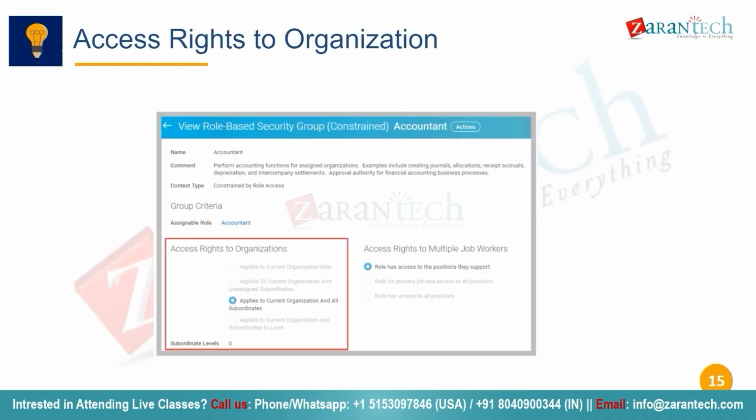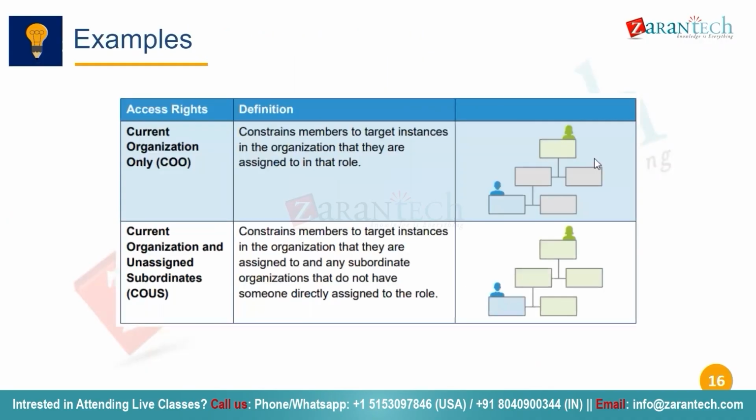Even the access right to multiple job workers, and the positions this role has access to they support, have different meanings. Whenever we have a specific kind of requirement, we select one of these 4 options. So let's talk in detail about how these 4 options differentiate within an organization.